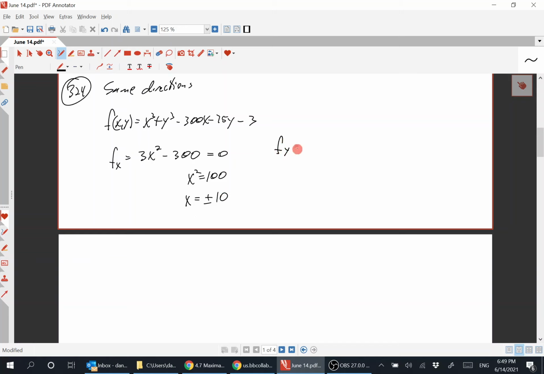And then fy, 3y squared minus 75, is 0. So y squared is equal to, so 75 is 25. So y is equal to plus or minus 5. So we get 4 critical points.